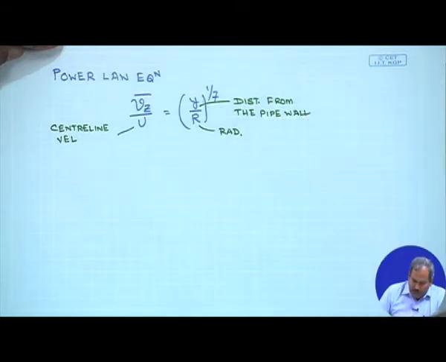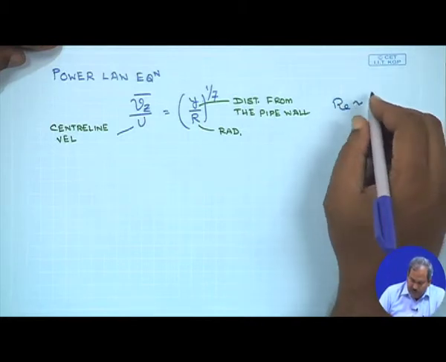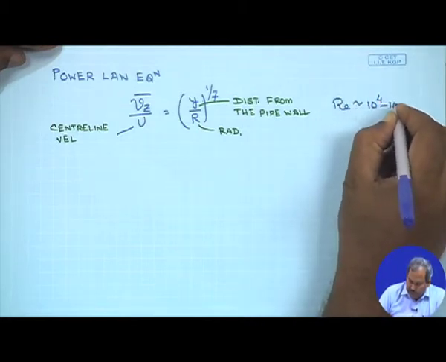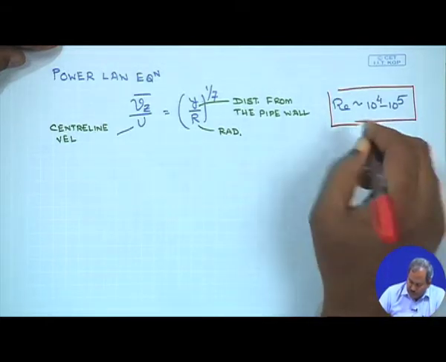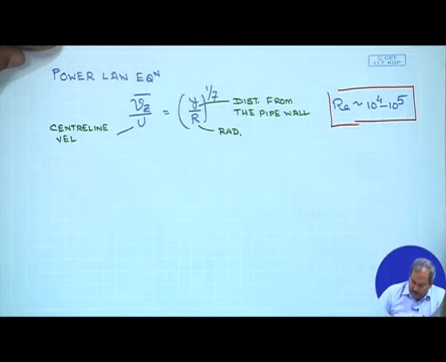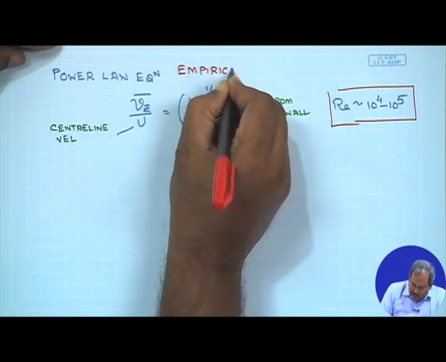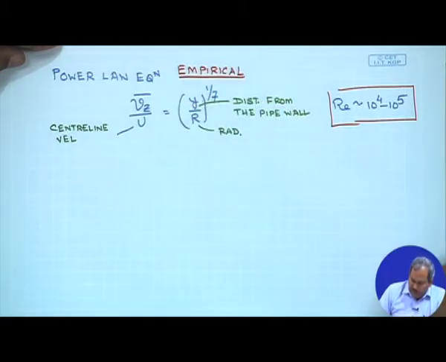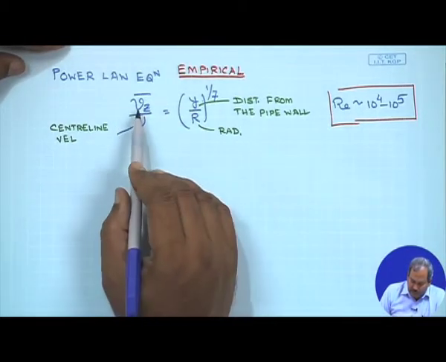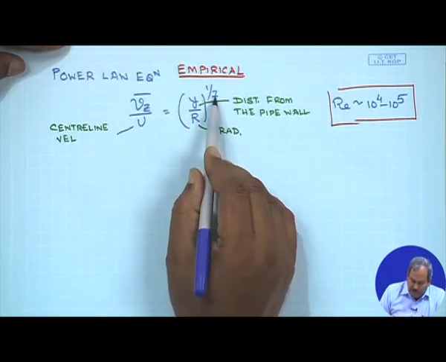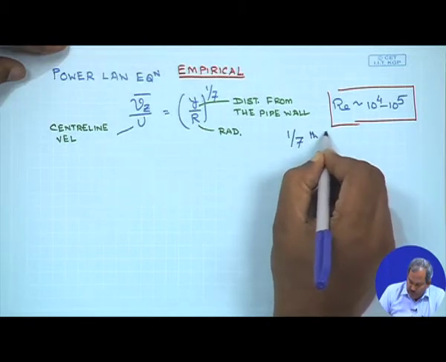The region of applicability of this equation is when the Reynolds number is within the range of 10 to the power 4 to 10 to the power 5. If the Reynolds number is in this zone, it is entirely empirical in nature. So, this would give us a profile Vz by u equal to y by r to the power 1/7. This is also known as the 1/7 power law profile.